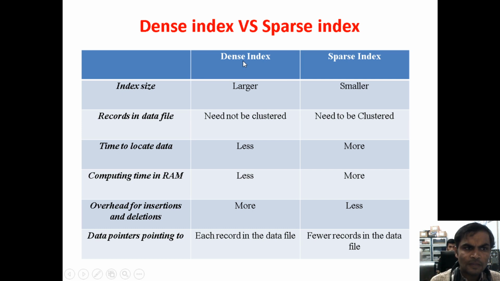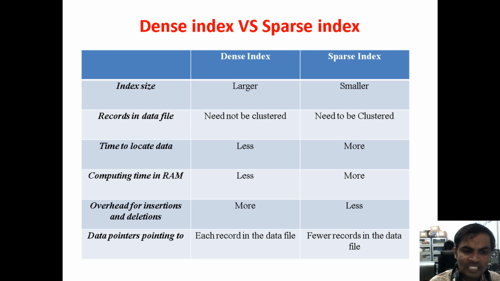What is the difference between the dense index and the sparse index? Under the dense index, the structure is large; under the sparse index, the structure is less. Under the dense index, clustering is not required; under the sparse index, it needs to be clustered. Under the dense index it stores unique values, so the time allocation for accessing the data is less, while for sparse it is more.